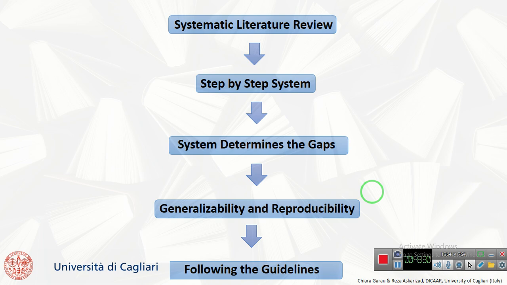So this is the important aspect and attribute of this kind of review, and as a result, the outcomes of these kinds of studies are more generalized, and of course they have to be reproducible. Those are the significant aspects of these reviews. So we have to follow specific guidelines for these systematic reviews.